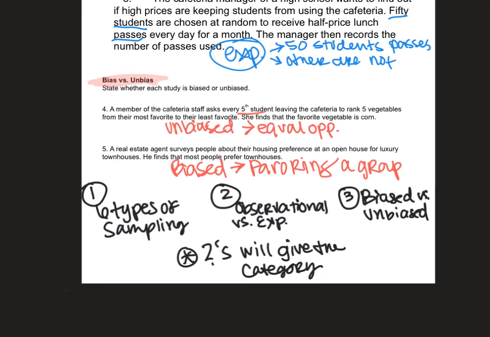I will tell you if you need to pick a sampling. I will tell you if you need to choose between observational and experimental, and I will tell you whether you need to choose between biased and unbiased. Okay, you just need to know which one is which out of the statements I give you.